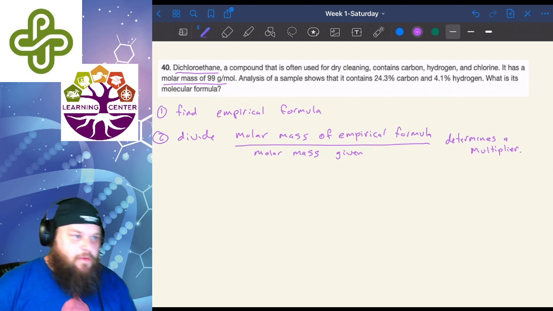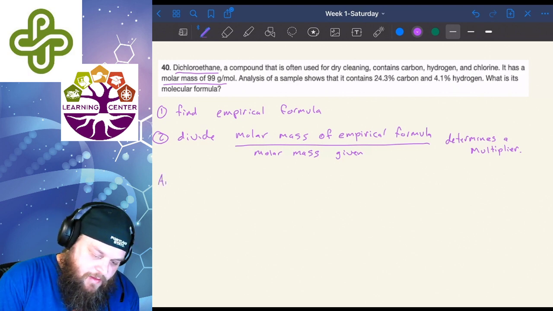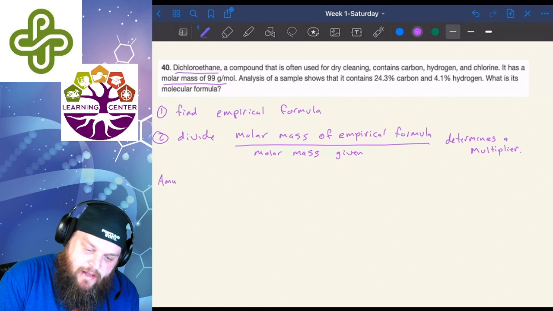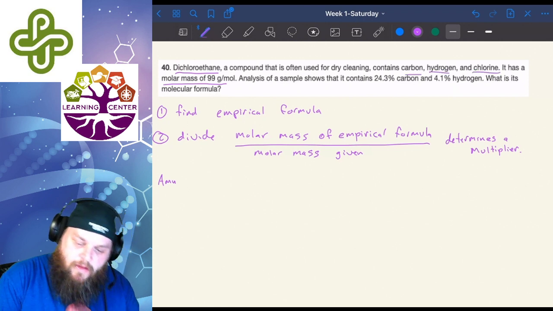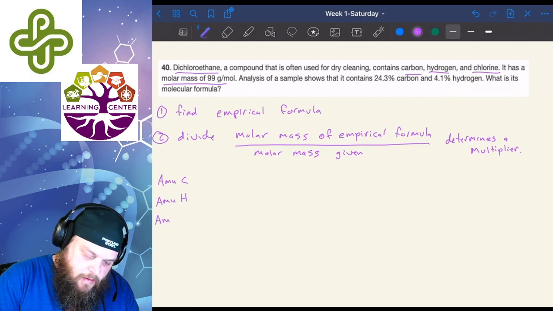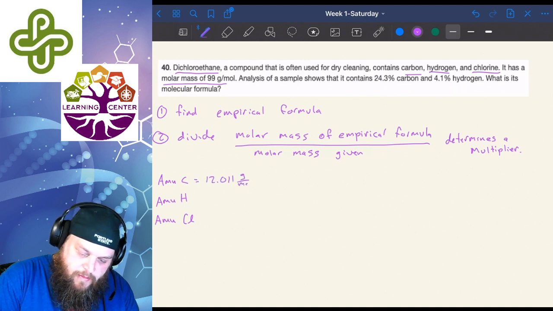So let's do that real quick here. So finding the AMU, this is dichloromethane. They say it contains carbon, hydrogen, and chlorine. So we need to find the AMU of carbon, hydrogen, and chlorine. So I know carbon, 12.011 grams per mole. I know hydrogen, 1.008 grams per mole.